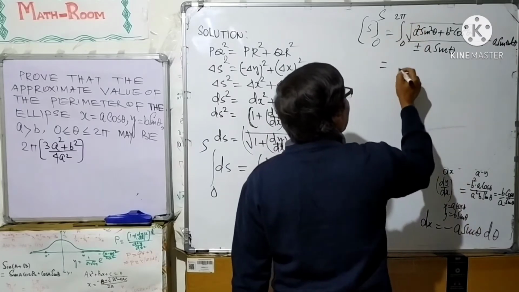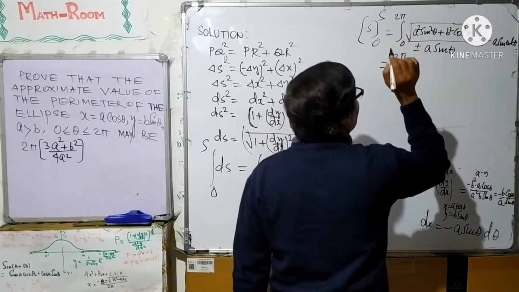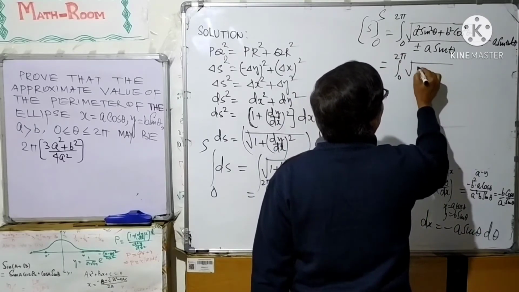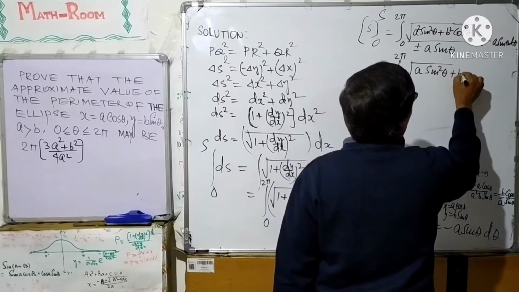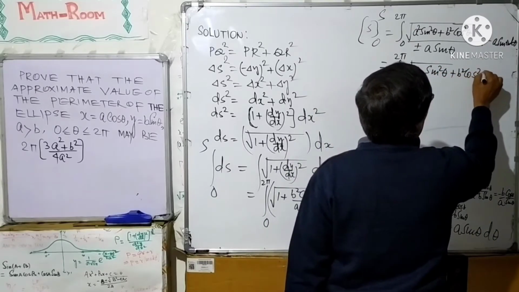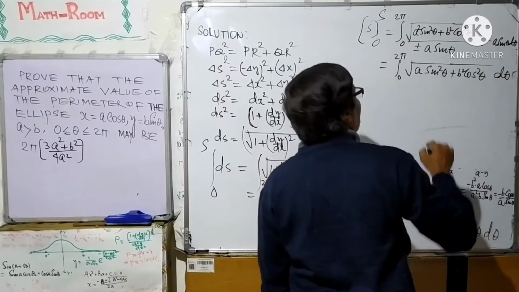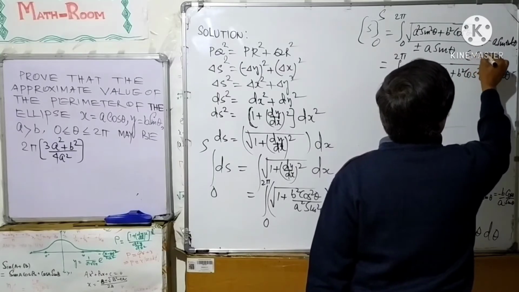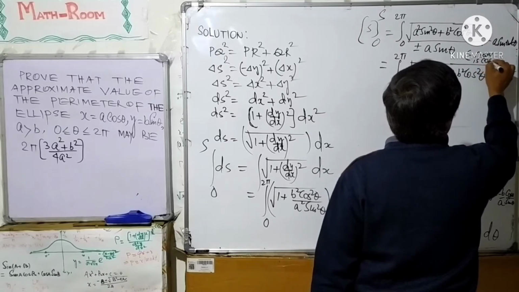So, we get the integral from 0 to 2 pi of root over of, here the minus sign is considered.